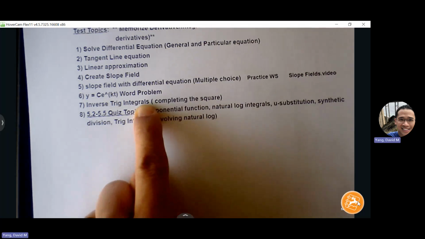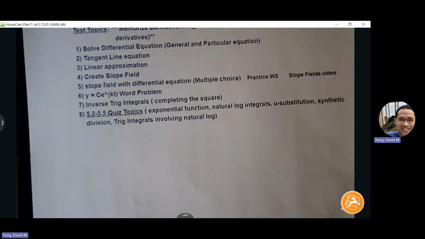We know that there is an inverse trig integral involved when you see a gap in your degrees. If the denominator degree has a gap of 2 or more from your numerator, that's a good indication that there's going to be inverse trig.